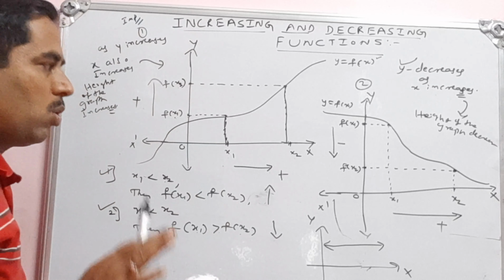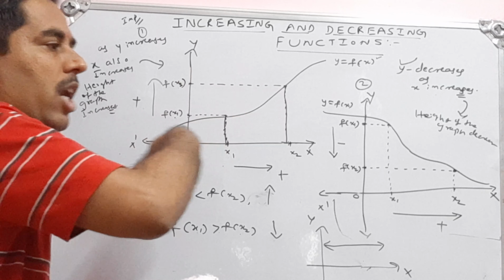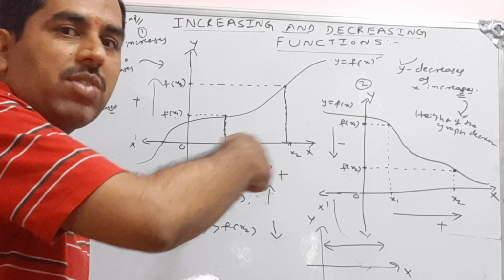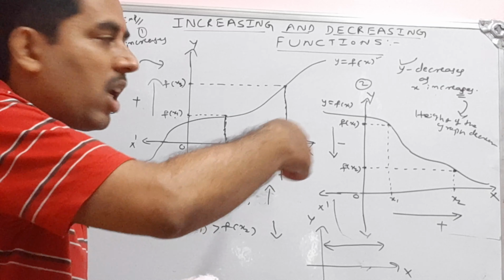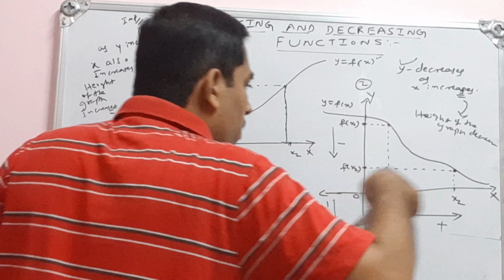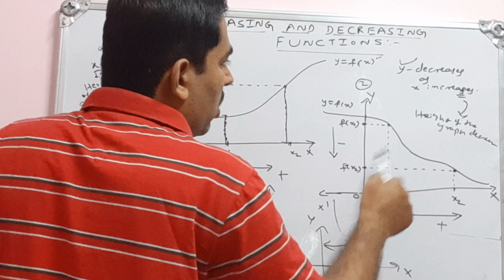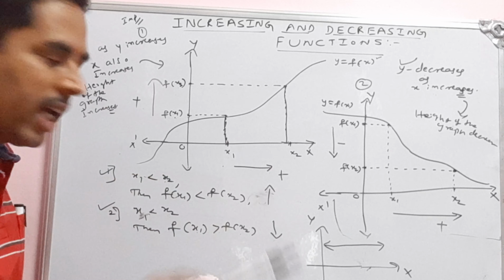So what are the 2 points we have discussed? Increasing function and decreasing function. The definition of an increasing function is what? As the value of x increases, the value of y increases, the height of the graph goes on increasing, it is called an increasing function. As the value of x increases, the value of y decreases, that means the height of the graph decreases, that is called a decreasing function.